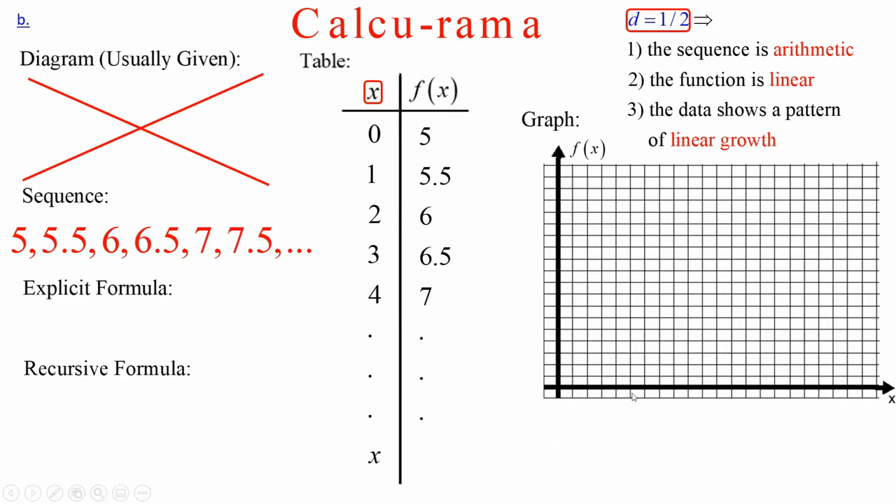All right, let's set up our graph. So on the horizontal axis x, I'm going to do my typical 1, 2, 3, 4, 5, 6, 7, 8, 9, 10. That's far enough. Now, I look at my outputs and they're not getting that big that quick, so I would probably go same thing, 1, 2. But I also know that Calculama has a common ratio, and so I think those numbers might get larger down the road.